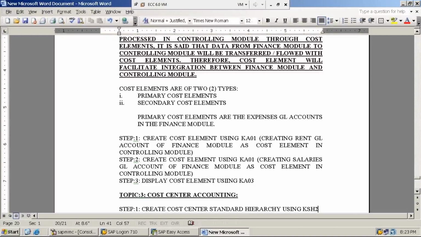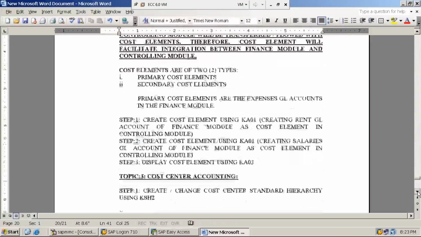What exactly is the cost center standard hierarchy? Basically, in the description, it says create, change, and display the cost center standard hierarchy using KSH2.